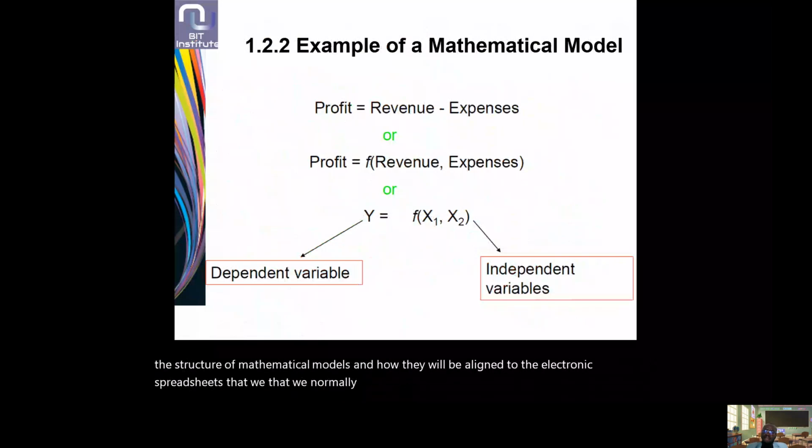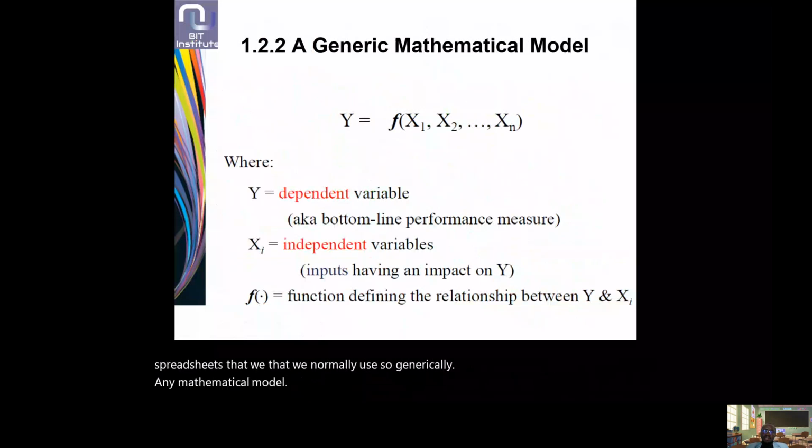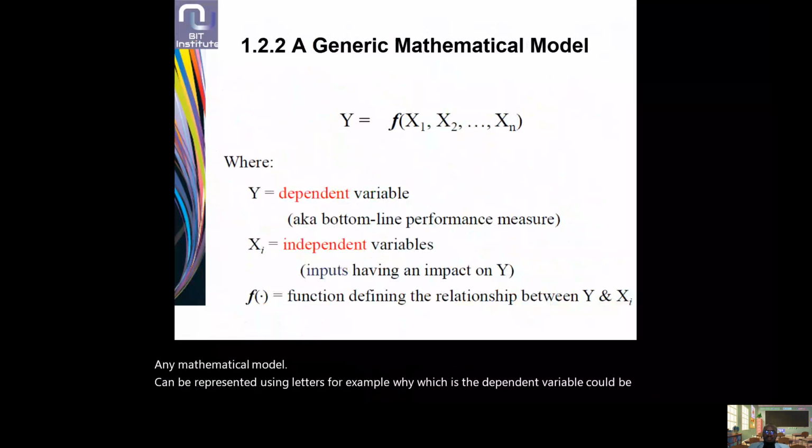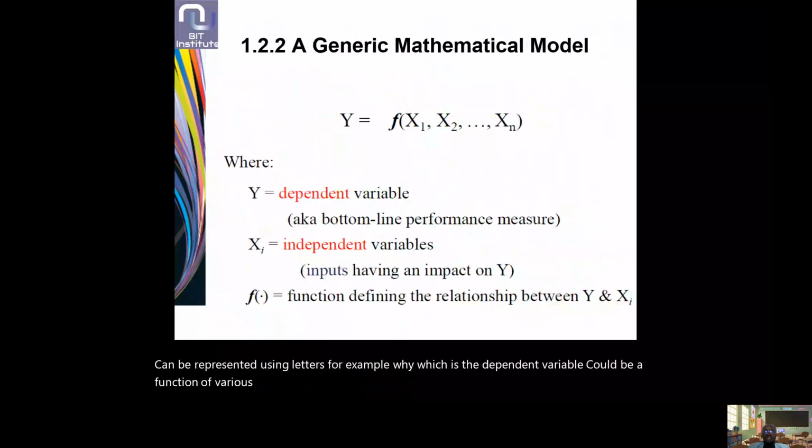So generically, any mathematical model can be represented using letters. For example, y, which is a dependent variable, could be a function of various variables, x1, x2, up to xn. All right, and the f denotes some functional relationship, given the definition we had earlier.